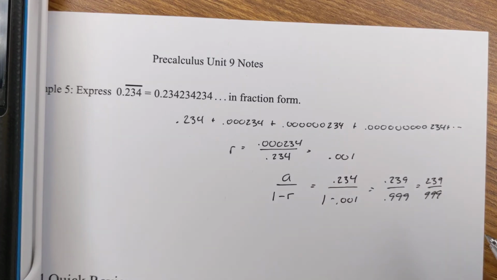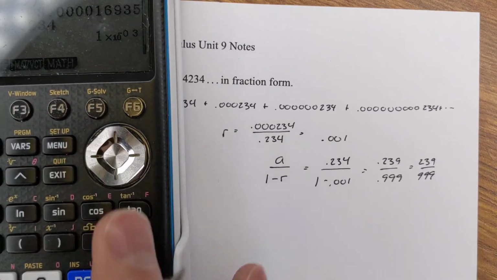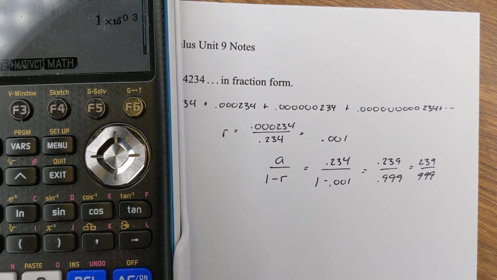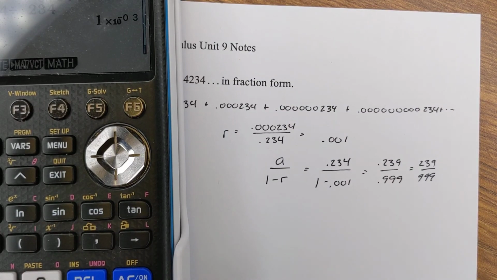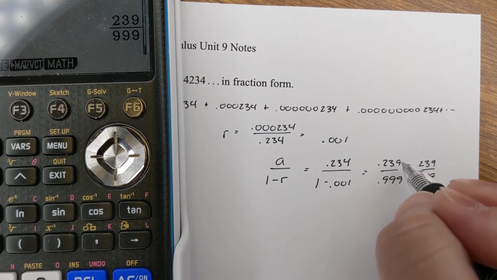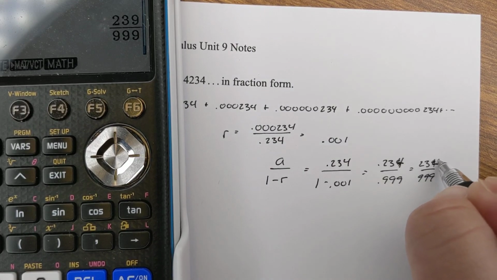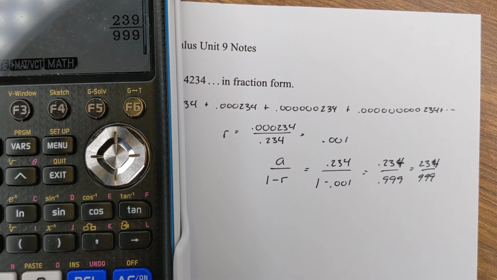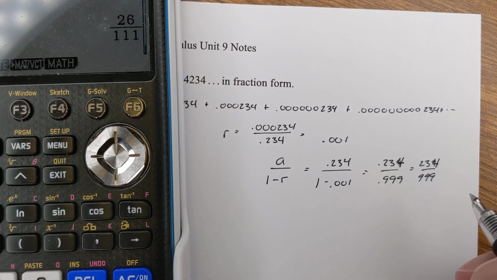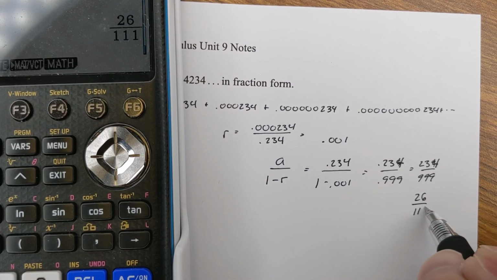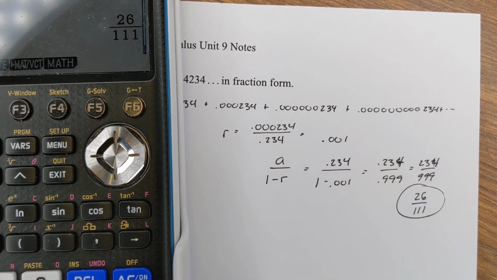So we have 234 over 999. Let's see if this reduces. This is 26 over 111. So that's what that repeating decimal is.